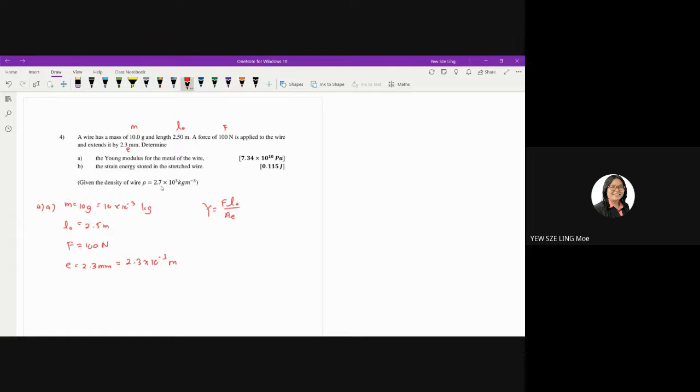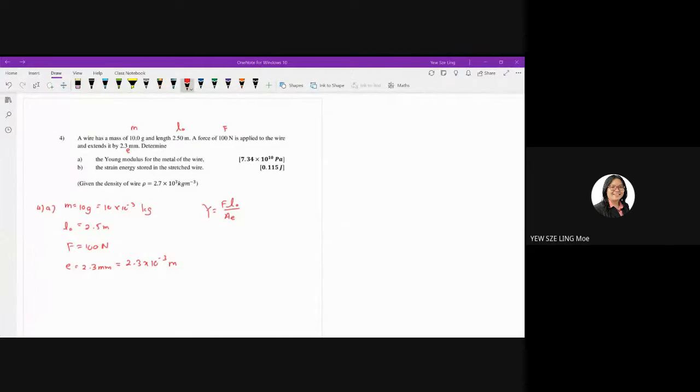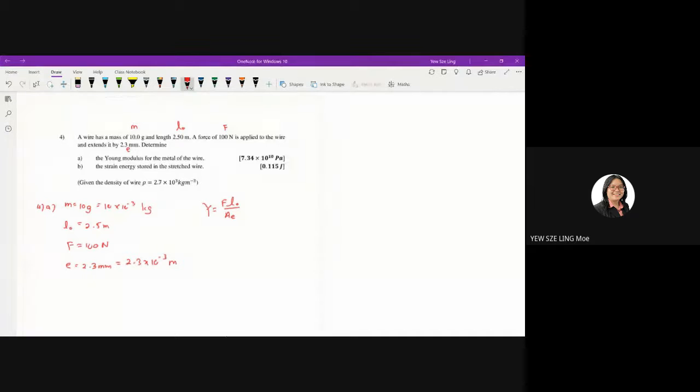So now this question gives you the density. Why? Because we don't have the surface area yet. The wire looks like a cylinder.